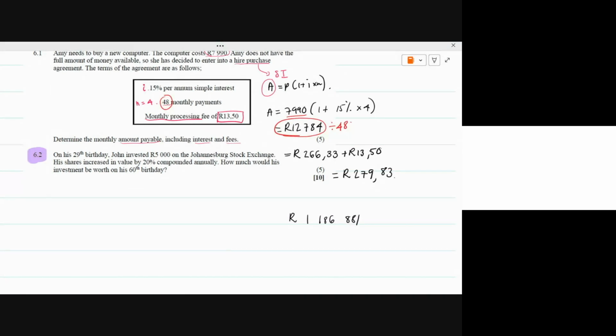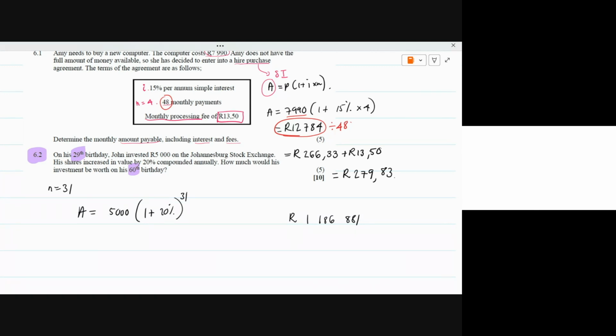Let me guess. Everybody did this. In order to find n, you took 60 minus 29 and you were like, n is equal to 31. And off you went. A is equal to 5,000, open brackets, 1 plus 20% to the power of 31. Right? Yes, thumbs up. Is that what we did?